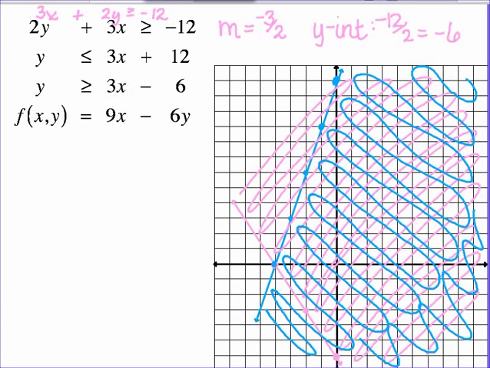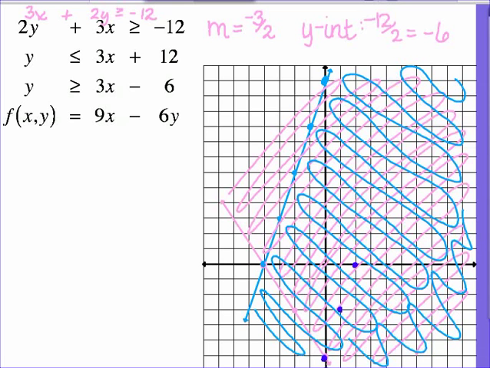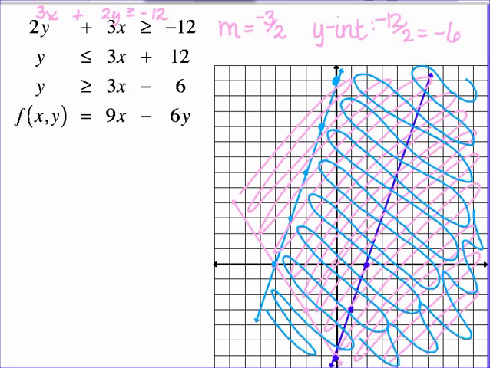The very last one. Okay, y-intercept of negative 6, which is down here, well, you go up 3 over 1. Draw our line in. Which way do I shade?